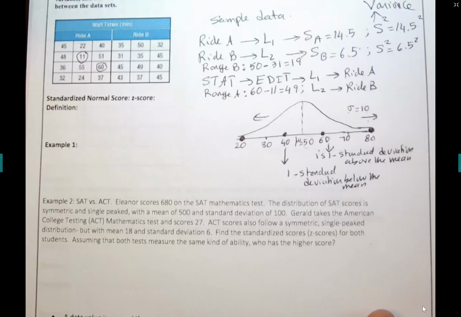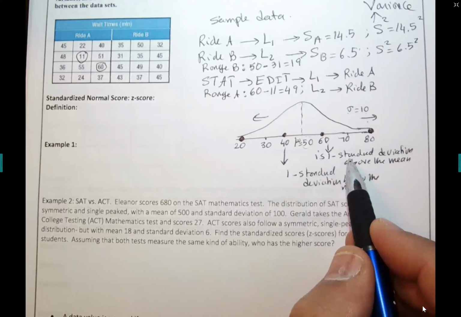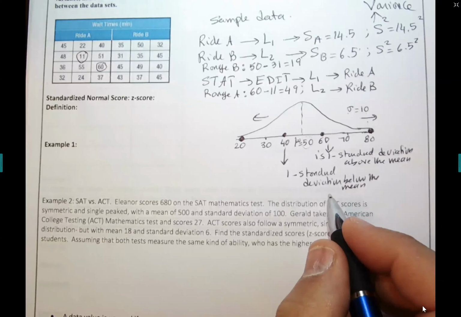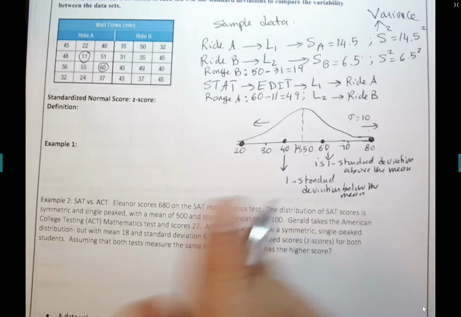Now, instead of saying this person is 1 standard deviation above the mean, I can say the Z-score is 1. So the Z-score, guys, tells us how many standard deviations a value deviates from the mean. That is what the Z-score is. So I'm gonna write it down.